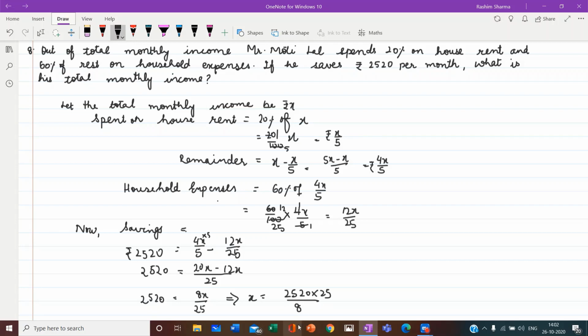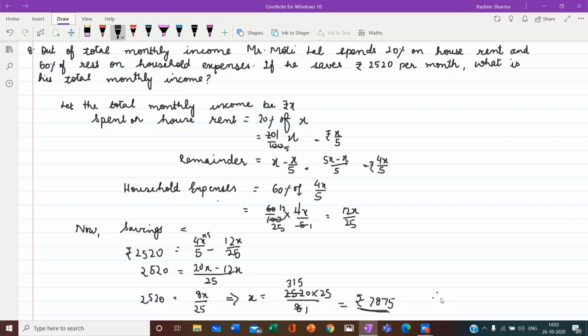And when we reduce it, 315 into 25, it comes as rupees 7875. So this is the value of x.